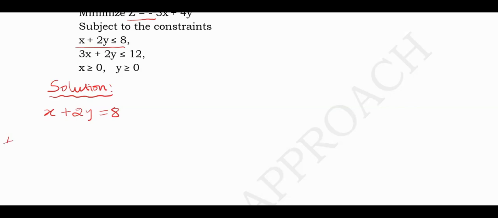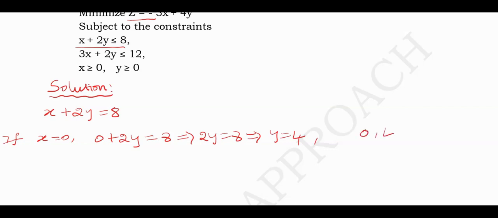If we give x is equal to 0 in the above equation, then we will have 0 plus 2y which is equal to 8, which implies 2y is equal to 8, which implies y is equal to 4. So the point is 0, 4. X is 0, y is 4.